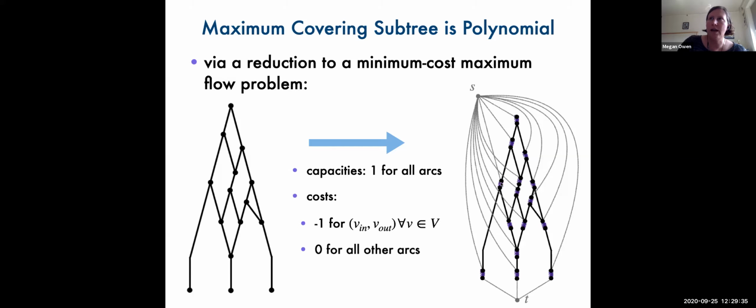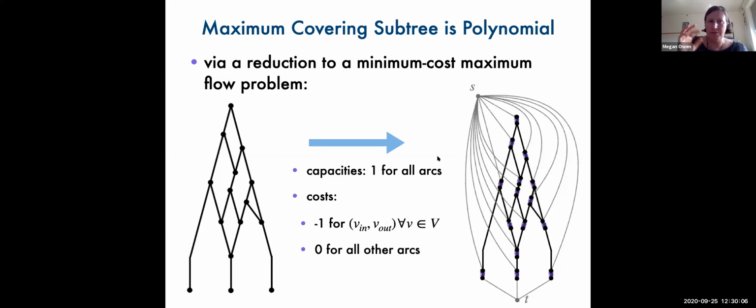If I make those edges between the in vertex and the out vertex all be -1, basically all these fuzzy purple edges are -1, and then all other edges are 0 for the cost. In that case, a minimum cost is going to be trying to cover as many of these edges as possible. And that's what we want for a maximum covering subtree.